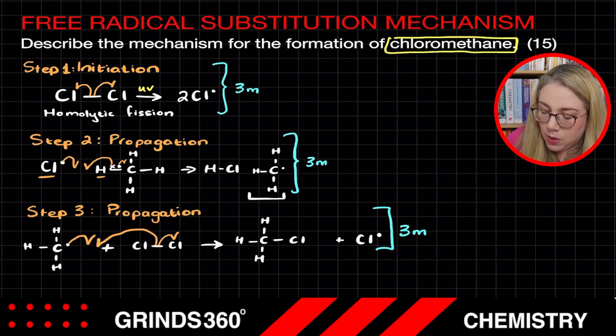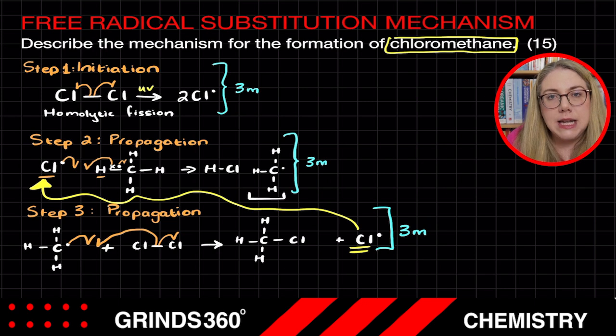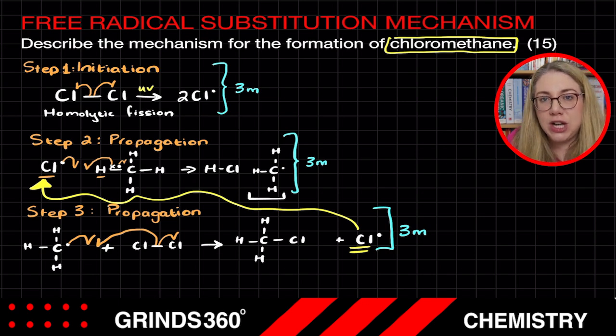But why this is so important is this. You have formed a chlorine free radical, which can now go back around to this step here. You have regenerated the chlorine free radical. So basically, after you form one chloromethane molecule, your chlorine free radical can now go and attack another methane molecule. So by just breaking one chlorine-chlorine bond at the beginning, you can generate tens of thousands of chloromethane molecules, because your reaction is going to cycle through step 2 and step 3 tens of thousands of times.